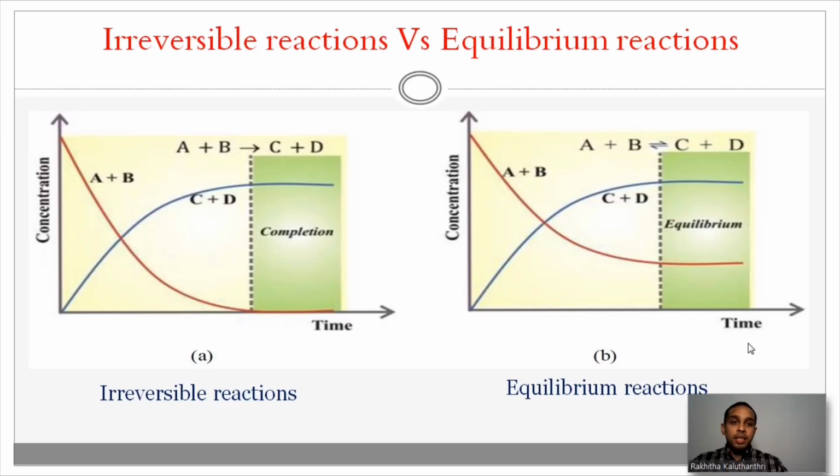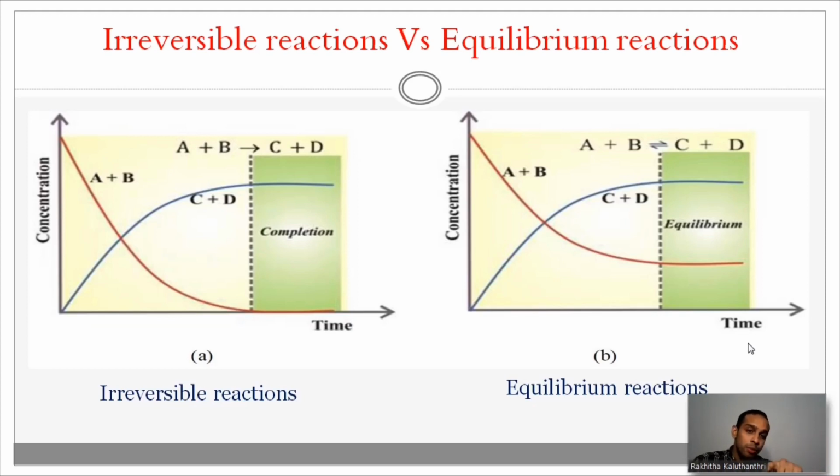So initially, we only put A and B, so the concentration of A and B is going to be high. Like in the previous case, when the reaction proceeds, the concentration of A and B decreases. Why? Because A and B keep getting used up. So as and when A and B get used up, the products, C and D, keep getting formed, so the concentration of C and D keeps increasing.